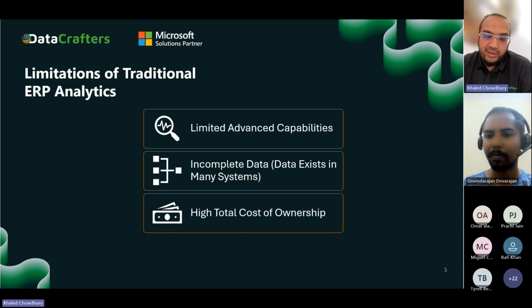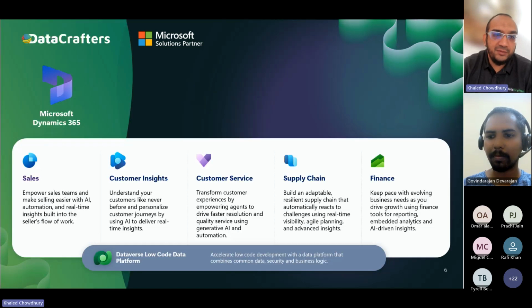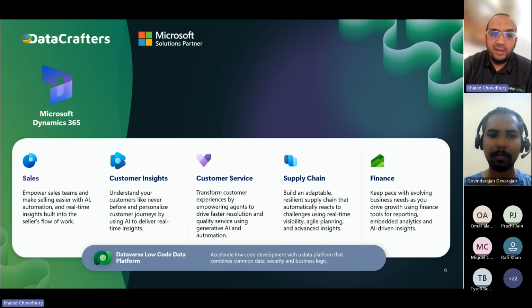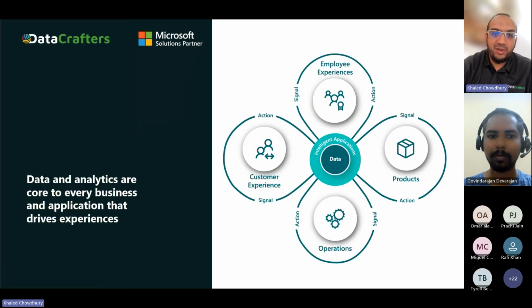Yeah. So in the world of Dynamics, we have multiple systems. We're going to be focusing today on F&O, but obviously you have all these systems that we have built together. You know what Dynamics is, so we're not going to go into that. But this is a simple concept from Microsoft.